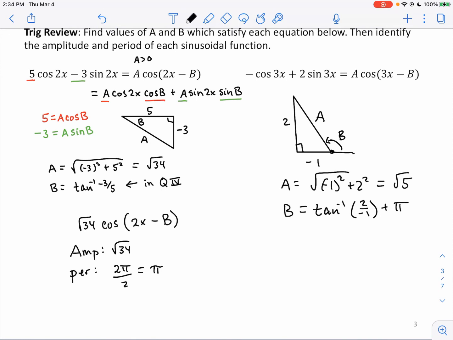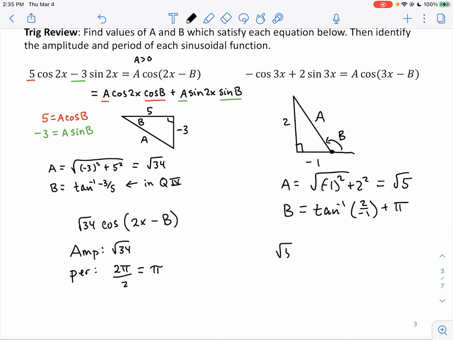Now, of course, finding b is not necessary for giving the amplitude and the period of this combination of sine and cosine. That's why I hesitated at first and thought, well, maybe I'm not going to bother finding b in the first place. But I did want to show you how to truly make this conversion to this statement here, and to find the accurate choice of b, you're going to have to know sometimes you have to add pi to your b to get the angle that you're after.